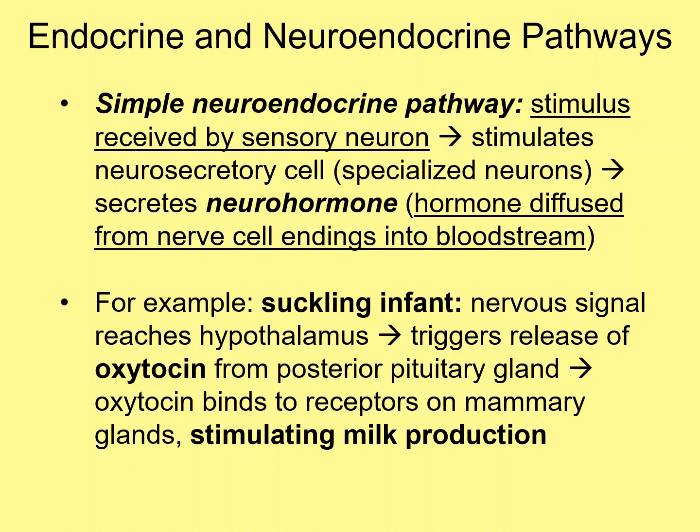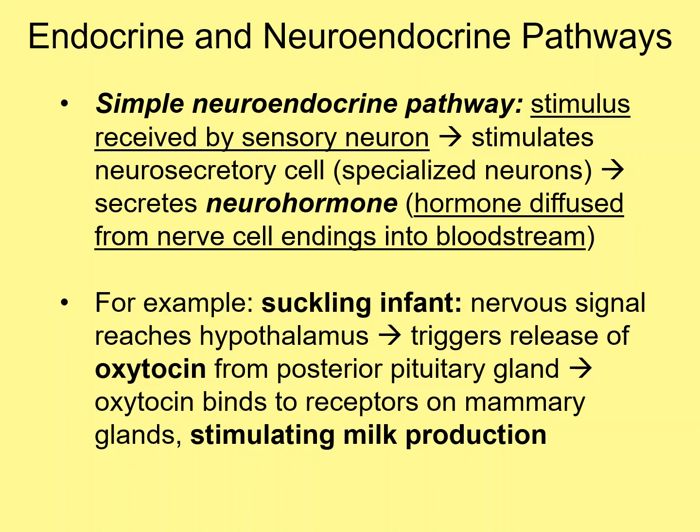The baby starts to wean on solid food. They spend less time suckling, so you're able to sort of let it down easy. But if you stop all of a sudden, then you have too much milk and nowhere for it to go, which is kind of an interesting aside. Anyway, funny story. Okay. And so that is a simple neuroendocrine pathway as opposed to a simple endocrine pathway.